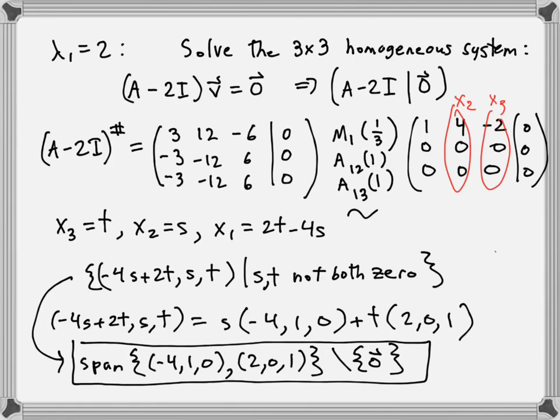These are all eigenvectors, which we know is actually a plane through the origin, except we remove the origin itself. So it's like a punctured plane. It means any vector on that plane, as long as it's not the origin, gets stretched by a factor of 2, right? Because the eigenvalue is 2. That's just for one eigenvalue. Now we've got to do the other eigenvalue, so let's do this on the next page.